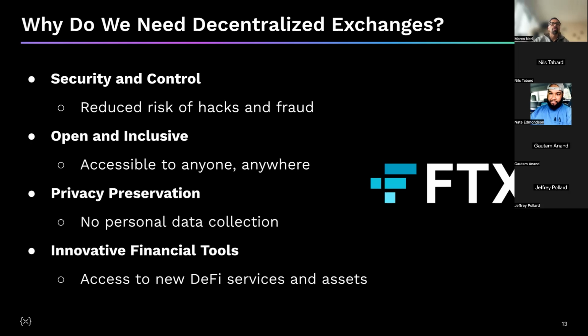So the idea is for those types of events not to occur, and also we want a system that is capable of privacy preservation, because you don't need to give all of your personal information to every single company that runs an exchange. So in a way it's also one of the motivations for decentralized exchanges.